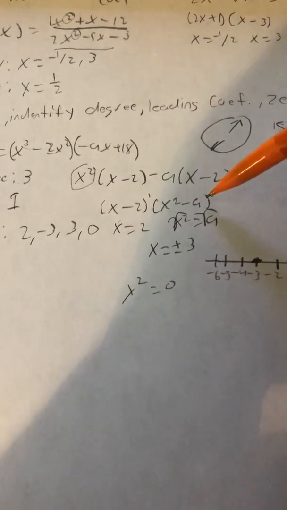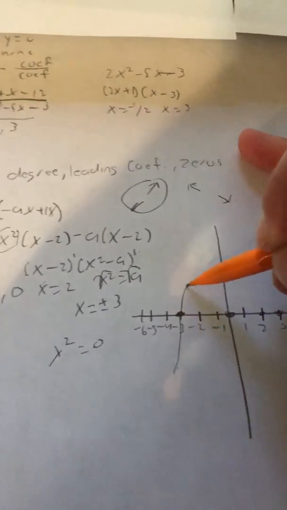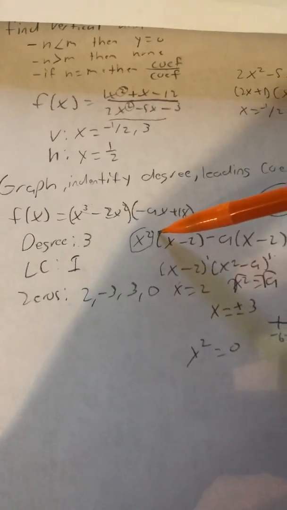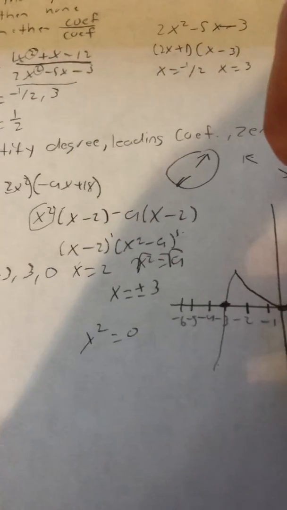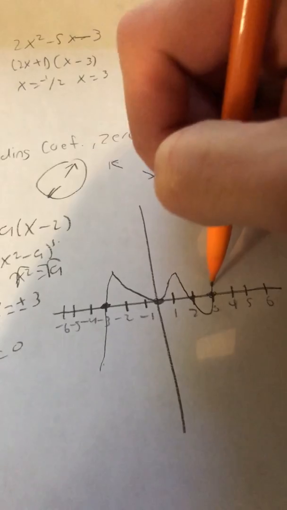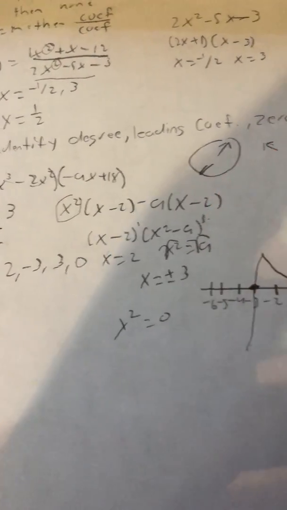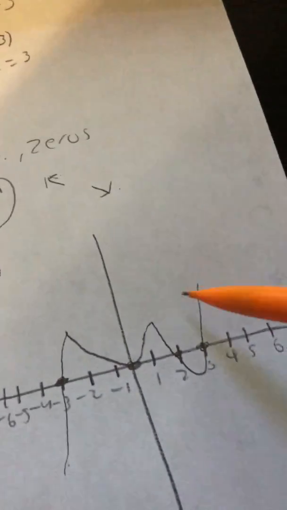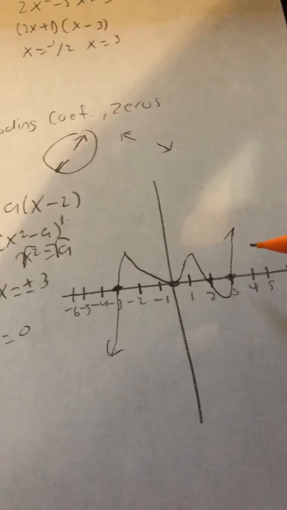Since 3 is part of this and has a multiplicity of 1, you're going to pass through it. The 0 has a square, so you're going to touch it like this, and the 2 has a 1, which means you're going to go through it, and then you're going to come through the 3 as well, because the 3 has a multiplicity of 1. So we could see here that it starts at negative infinity and ends at positive infinity.